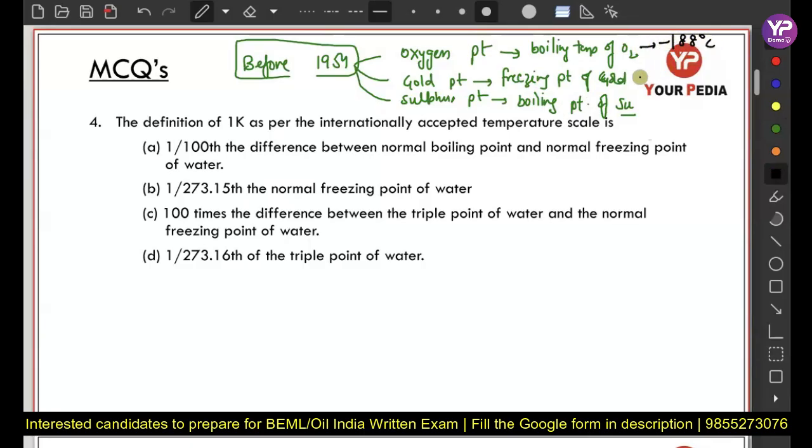The gold point is around 1063 degrees Celsius. The boiling point of sulfur is around 444.2 degrees Celsius. You can take any two points as a reference to define a new temperature scale. Generally, the oxygen point and the gold point are used to calibrate new thermometers. This is how we defined the temperature scale before 1954.